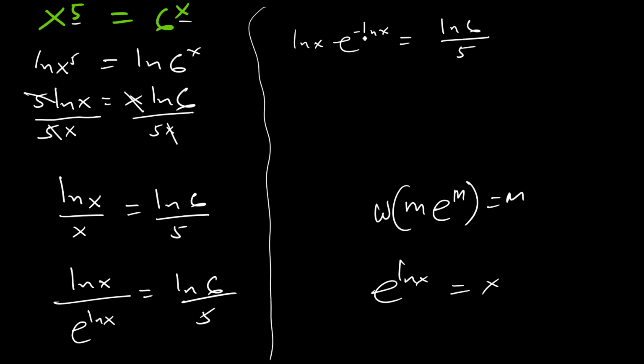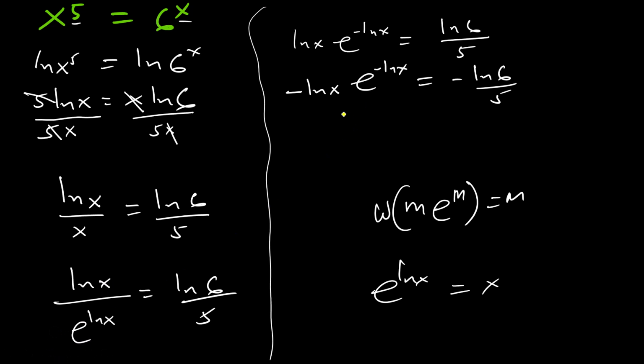We have negative ln of x, we have ln of x. So we need to negate this. So you multiply both sides by -1 to make it equal. So we have minus ln of x times e to the minus ln of x equals minus ln of 6 over 5.